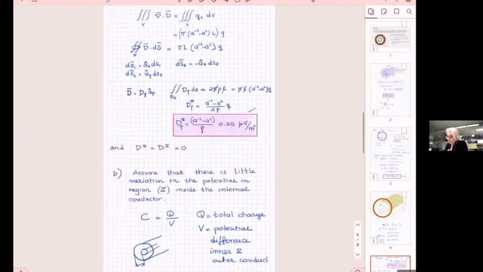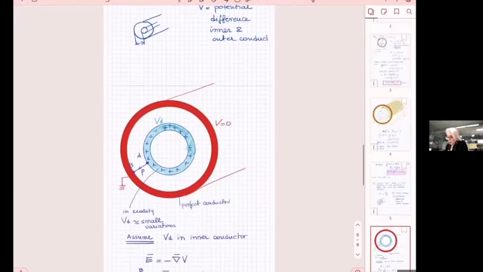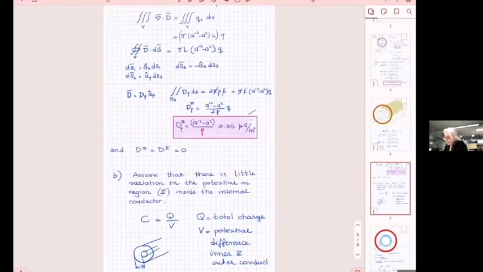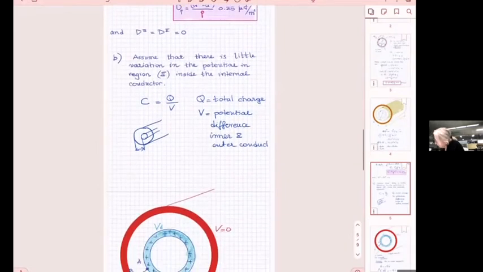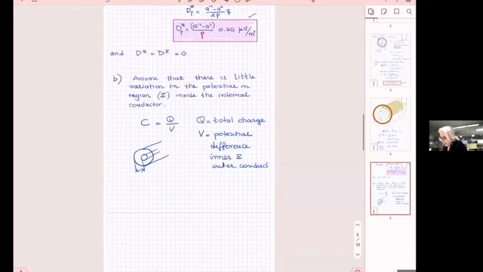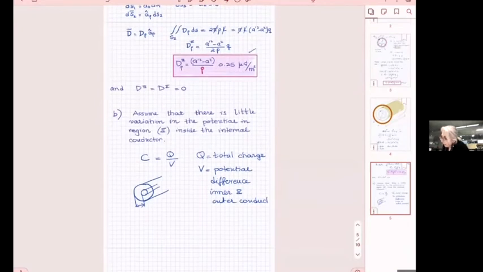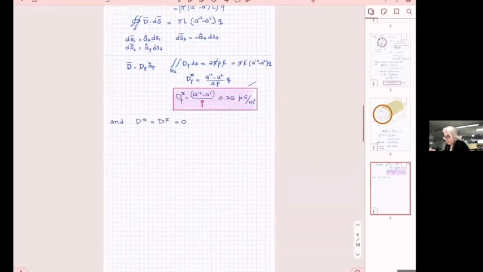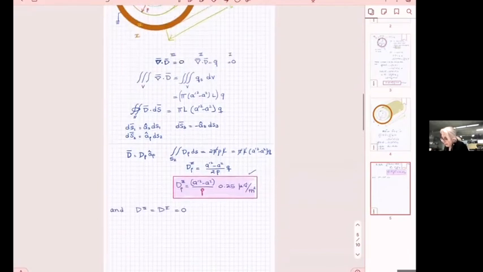And if we want to plot it as a function of radius, okay, how are we going to do this? Practically, I'll move this one further down. There. And let's try now with everything that we have to plot D.